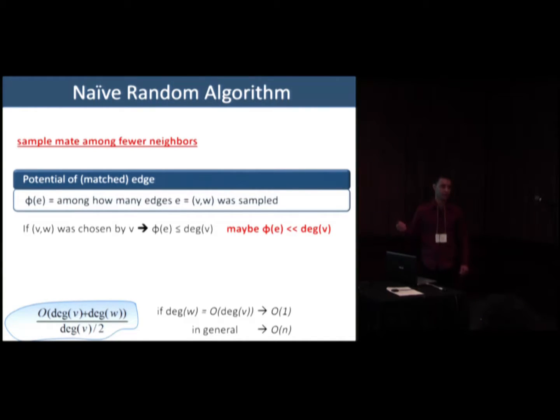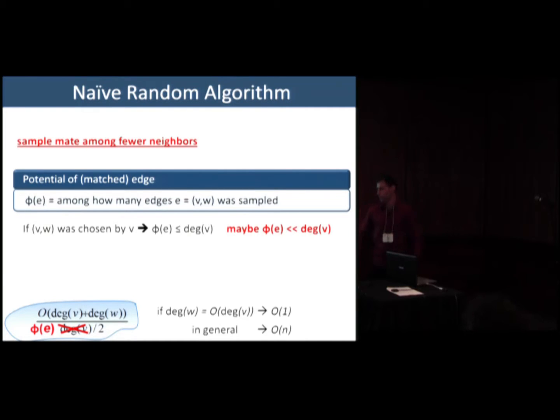If V is the vertex initiating this match, then obviously the potential of the edge will be bounded by the degree of V. But sometimes, depending on how we do this sampling, the potential might be much smaller than the degree of V. And so we have to update this expression, because the money that we now get from the adversary might be much smaller. It depends on the potential of the edge: it's the potential of the edge over 2 in expectation.